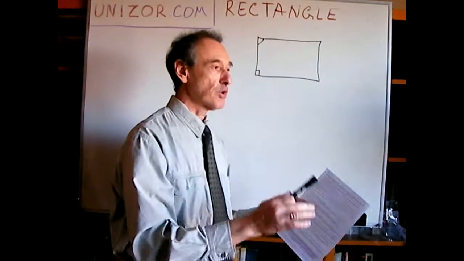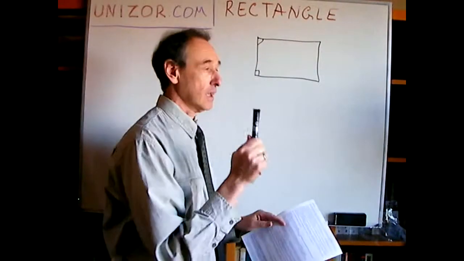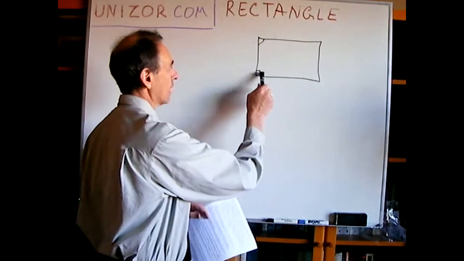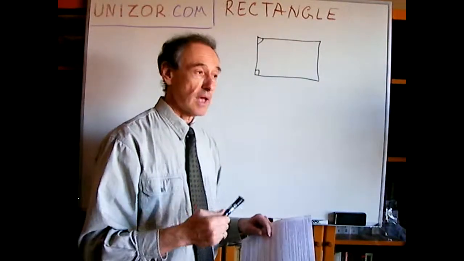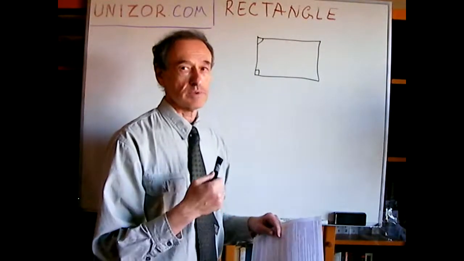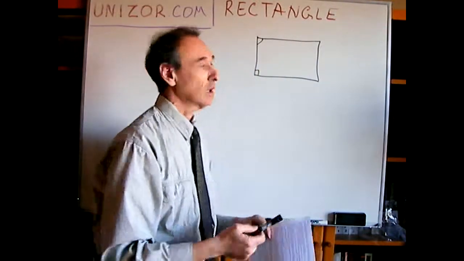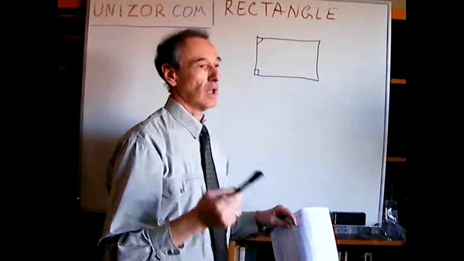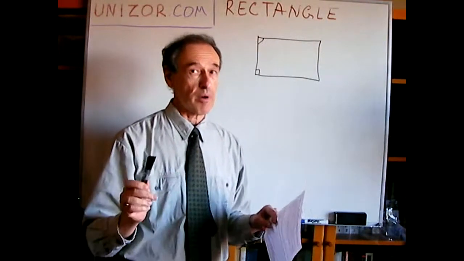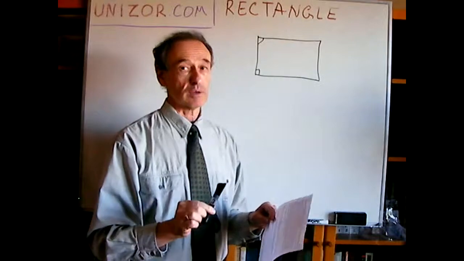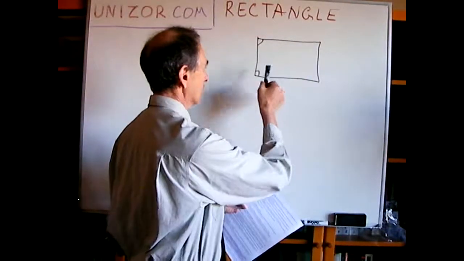So, if I have proven that some geometrical figure is a parallelogram, and I have noticed that one particular angle, let's say this one, is a right angle, then from the properties of the parallelogram, I know that another angle is also 90 degrees, and then another, and then another. That's why all of them are 90 degrees, and that's why it's not just any parallelogram. It's the parallelogram with all angles equal, and that means it's a rectangle.